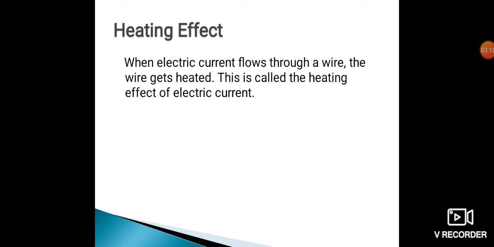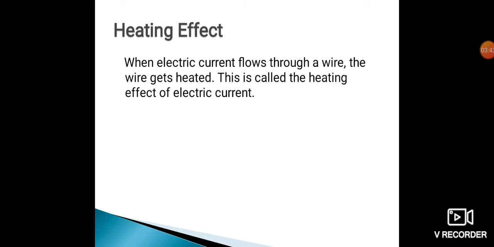But how is heat produced? As we know, some kind of material is used for the formation of wire, like copper, aluminium, etc. These materials are used for the flow of electric current. This material has its own resistance, and as we have seen, resistance offers opposition to the flow of current.